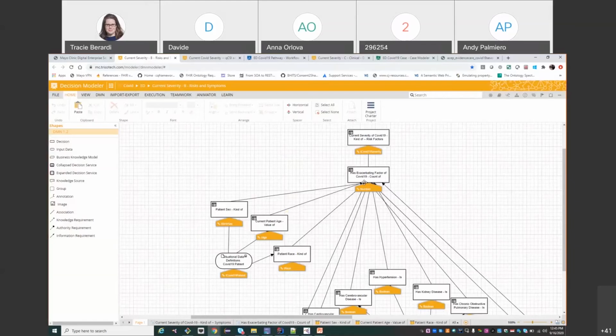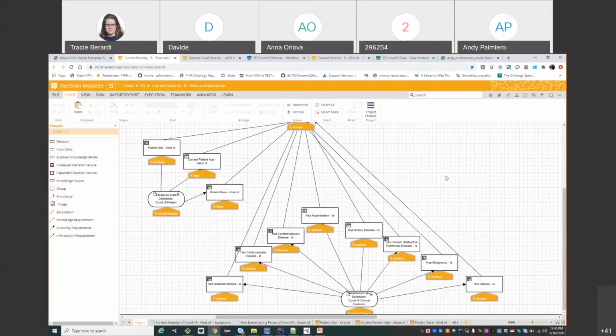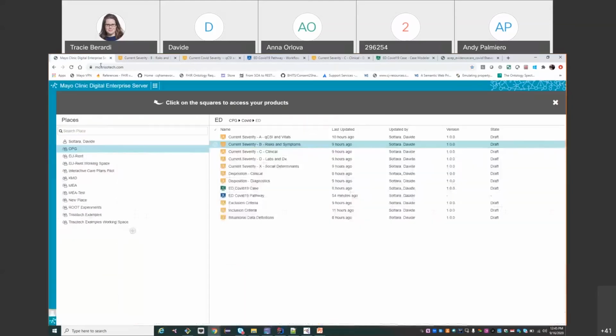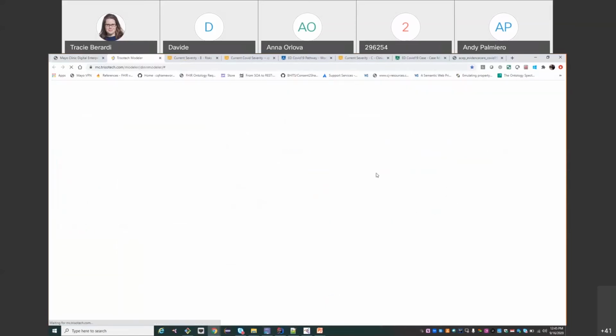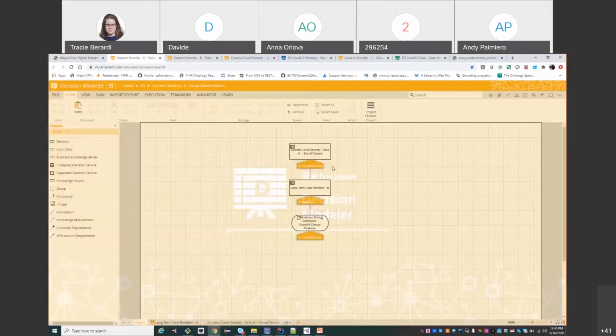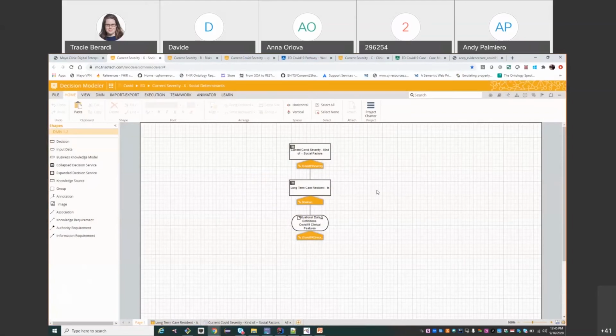Can also be different angles, or different perspectives from which the patient can be classified. Another angle often overlooked, which is the social determinants and risk factors. So things that go outside and beyond the purely clinical and medical aspects. In this case, we had the long-term care resident as an example.